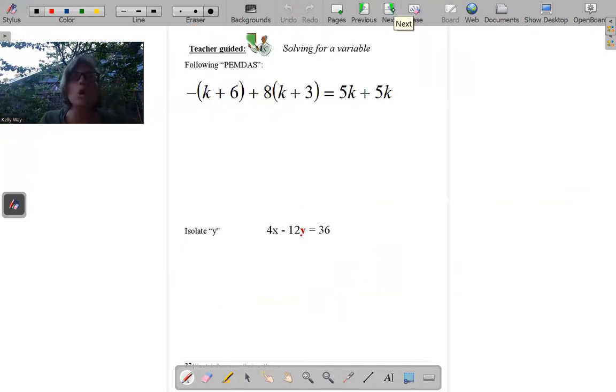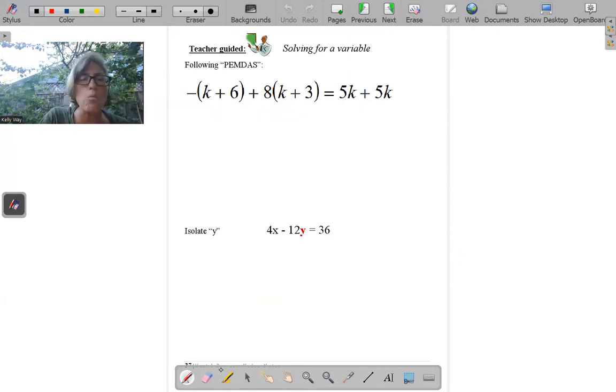Now, working with variables. 2 things, key skills. You need to be able to solve for a single variable, and you need to be able to isolate one variable when you have 2.